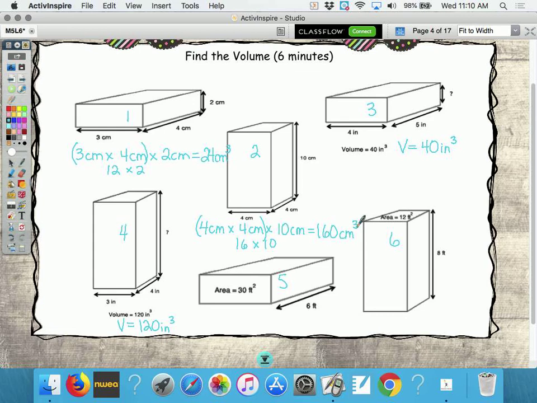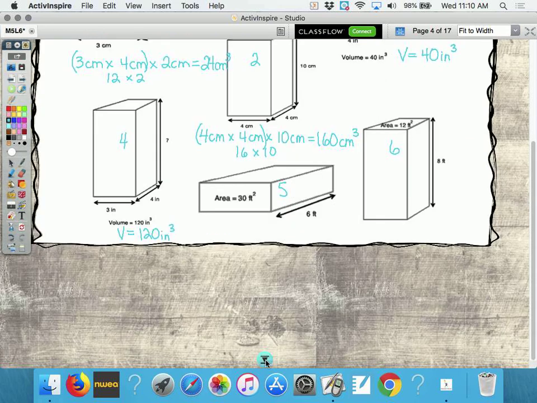All right. So number 5 for Emiliano. Do you remember how we did it when they gave us area and they gave us another dimension? Tell me what you think here. 30 feet squared times 6 feet.